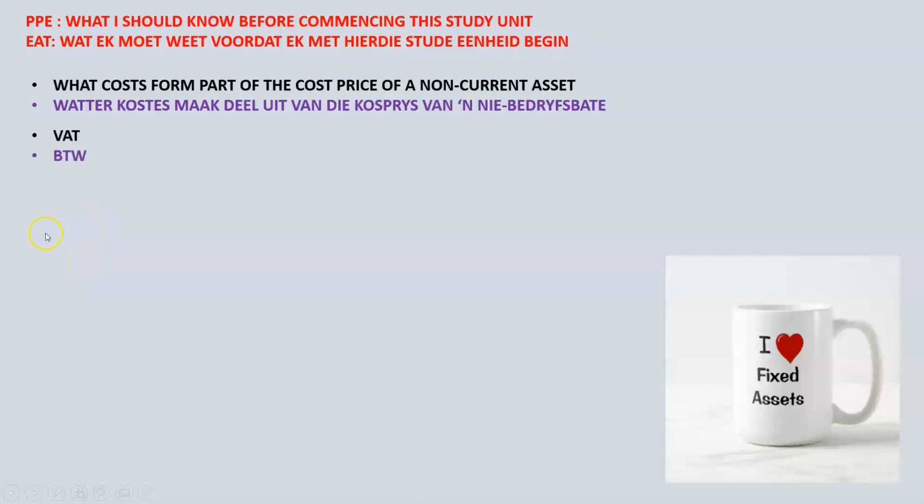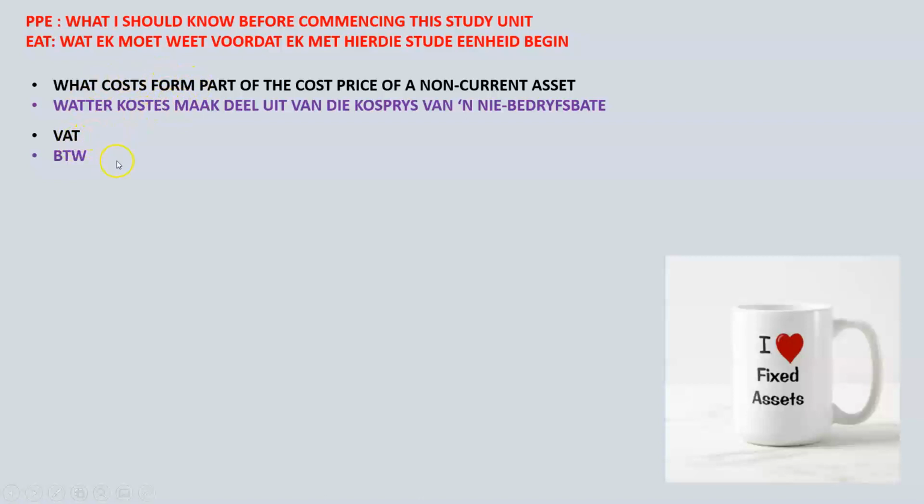Now what about VAT? Again, if I am a VAT vendor and I have purchased from another VAT vendor, then I can claim the VAT and the VAT won't form part of the cost price of an asset. But if I am a non-VAT vendor and I purchase from a VAT vendor, that vendor is going to issue a VAT invoice to me.